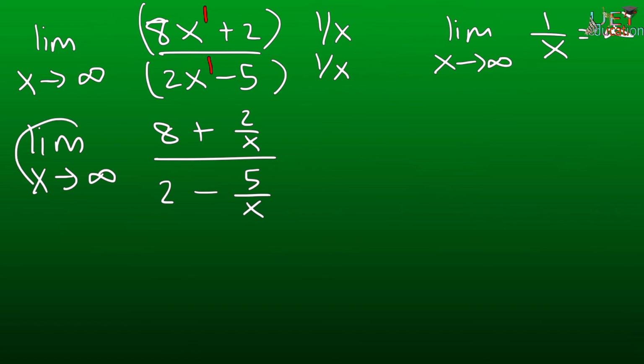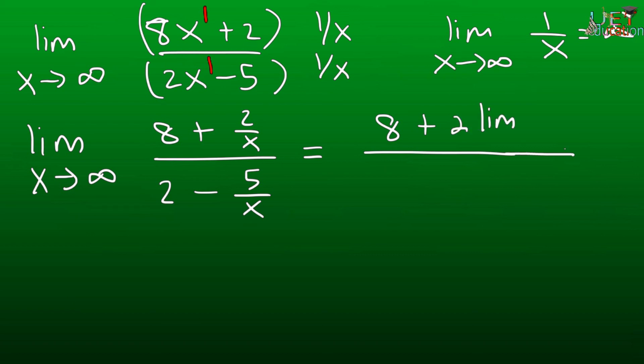So I'm going to distribute the limit expression. So now I'm going to have 8 plus, I'm going to take out the 2, plus 2 times the limit as x approaches infinity of 1 over x. And on the bottom, I'm going to have 2 minus 5 times the limit as x approaches infinity of 1 over x.